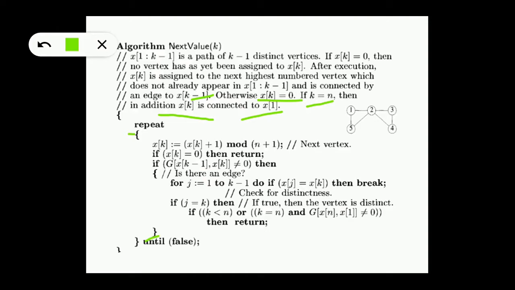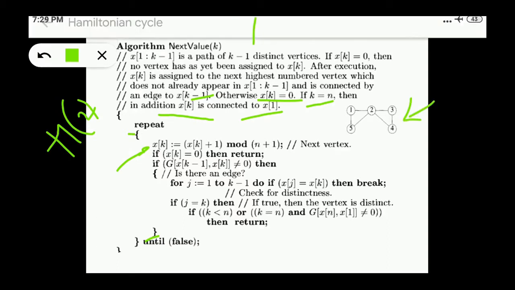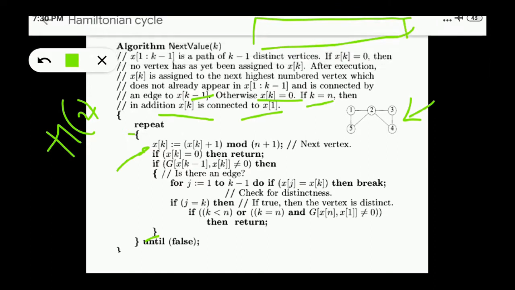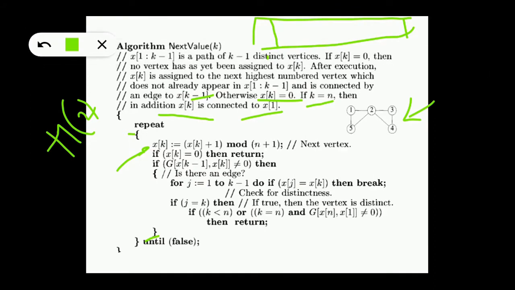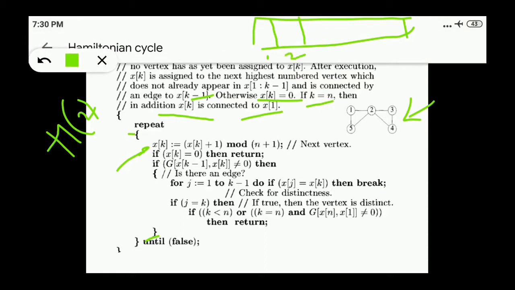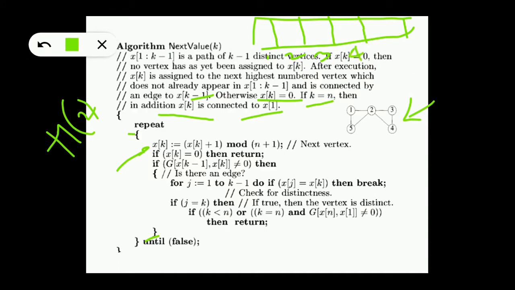So in this do while loop, the very first statement is initializing the values of the solution vector. So let us say we had made a call to Hamiltonian of 2. So here is our example graph. Let us say that this is our solution vector, which has first column, second column, third, fourth and fifth column.